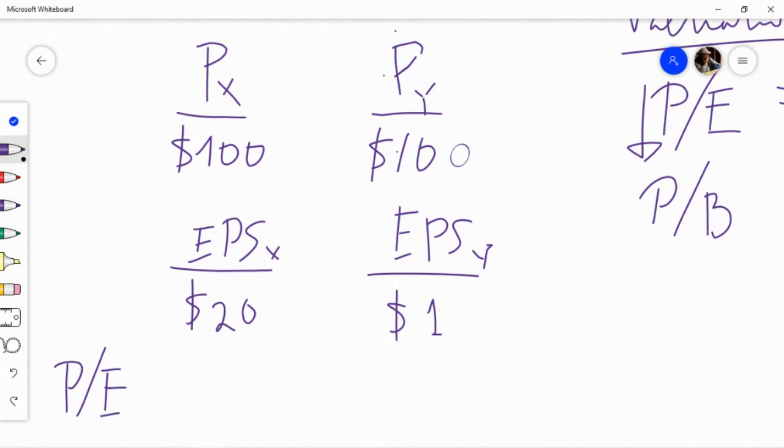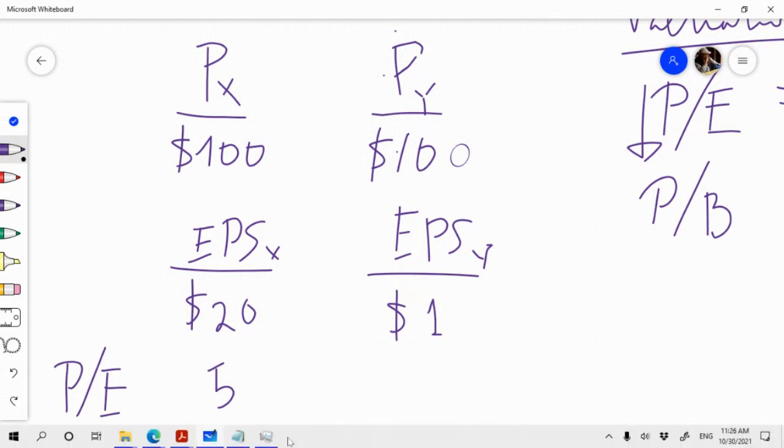Price earnings ratio of X is 5, isn't that right? And not 5, 1 over 5, right? Price earnings ratio of Y, it will be what? 100.